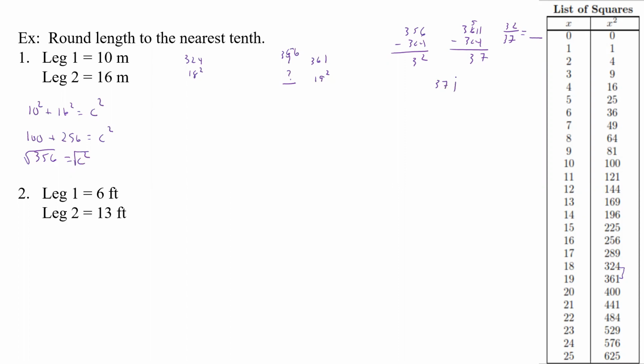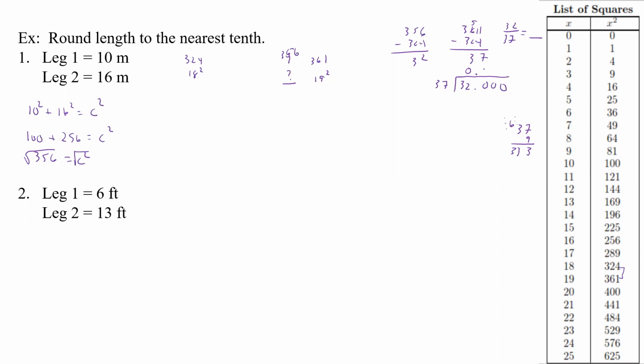So 37 goes into 32. We don't know how many times, so 0 point something, and it's probably going to be close to 9 because it's really close to that 361 down here. So if we take 37 times 9, that's going to be 333.